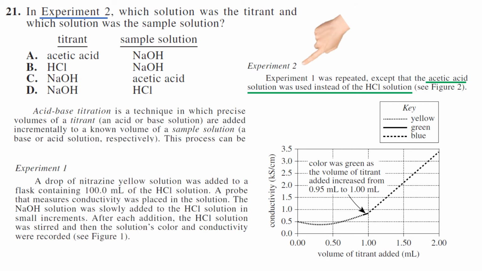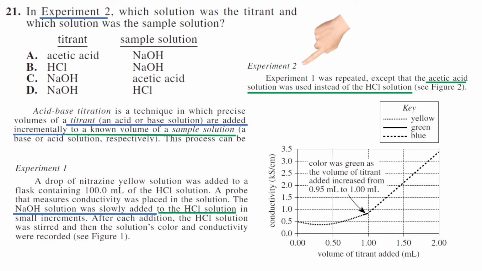We've got to go back to experiment 1. And it actually tells us in the introduction how to distinguish between these two. The titrant is added incrementally to a known volume of a sample solution. And then in experiment 1, NaOH was slowly added to the HCl.